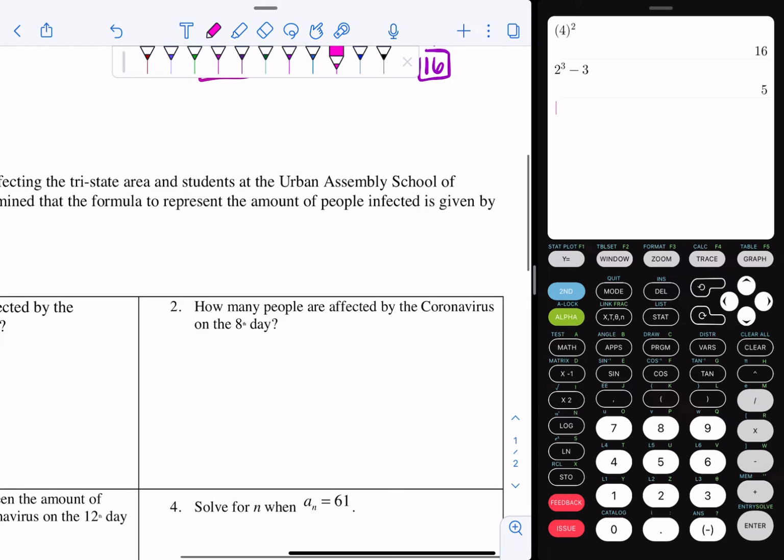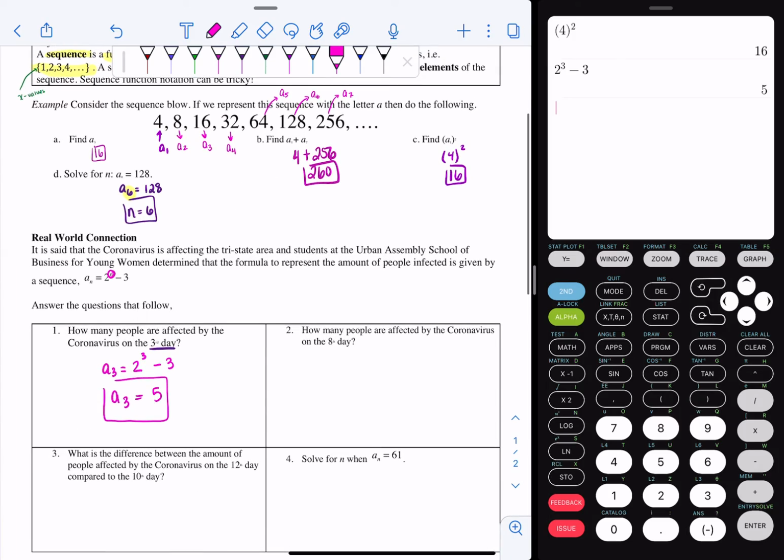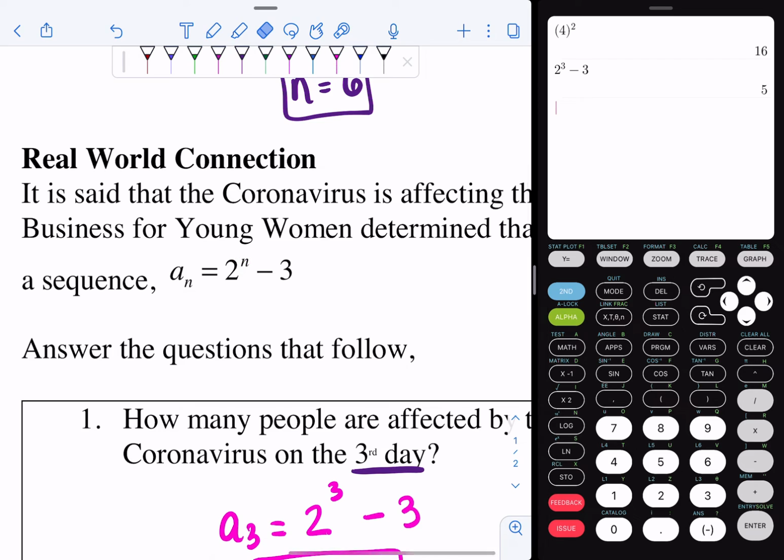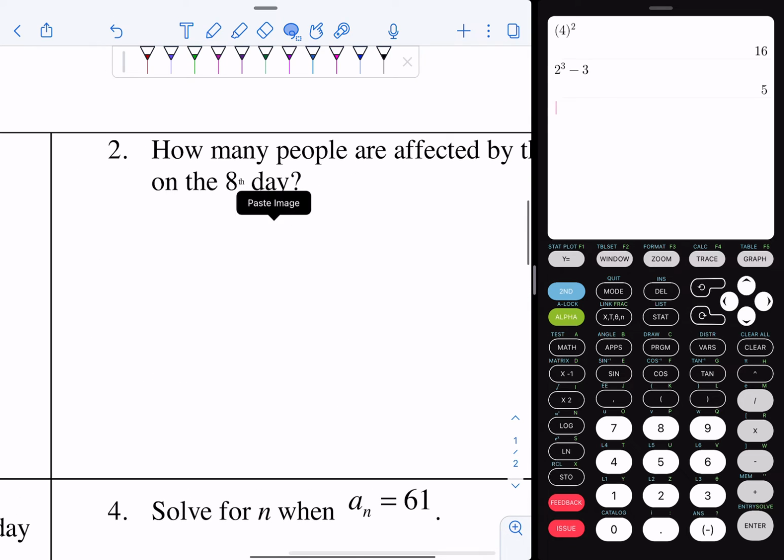Number 2, how many people are affected by the coronavirus on the 8th day? With this question, we do the exact same thing. We're going to take our equation, or our sequence rule, and now we're going to plug in 8 for n.